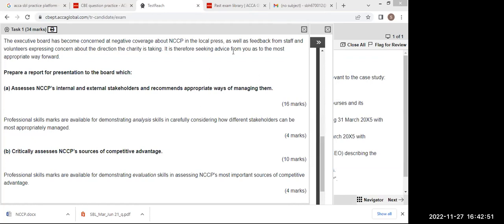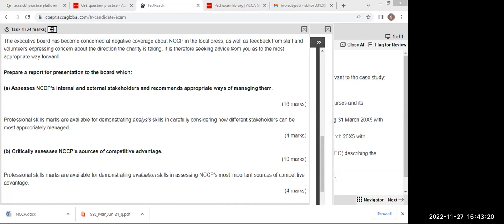It is therefore seeking advice from you as the most appropriate way forward. Prepare a report for presentation to the board which assesses NCCP's internal and external stakeholders and recommends appropriate ways of managing them. The total marks are 16. Professional marks are available for demonstrating analysis skills in carefully considering how stakeholders can be managed appropriately.